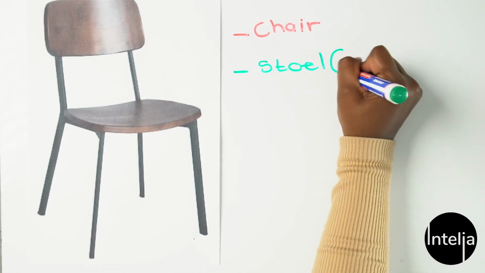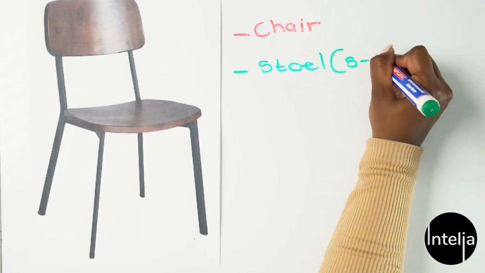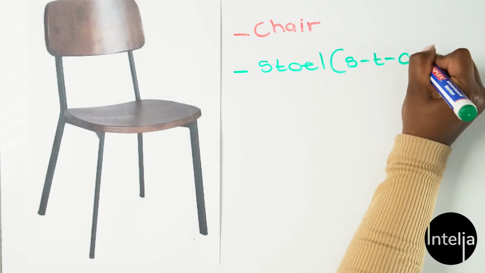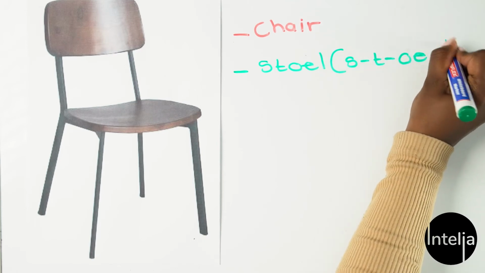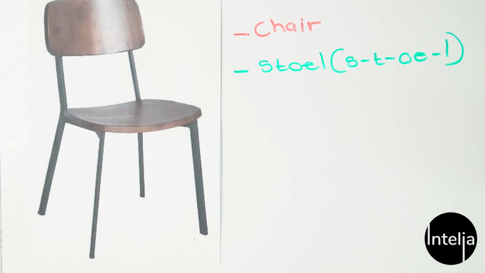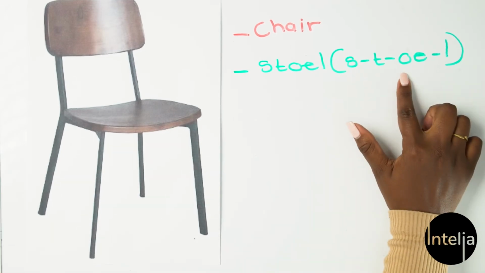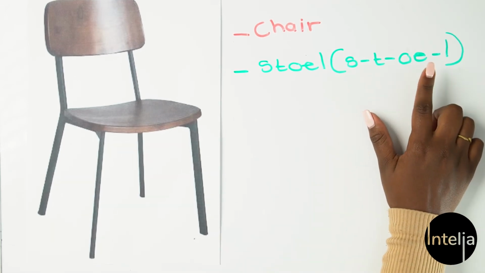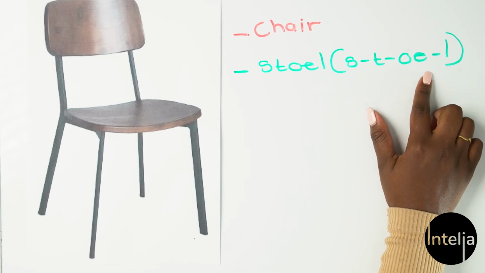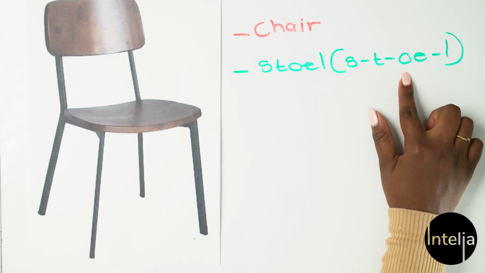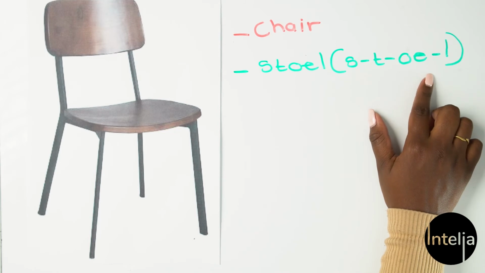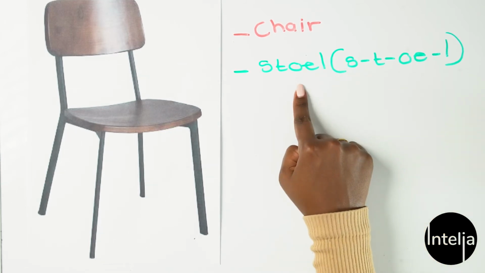And if we break it up, once again, we have our O and our E together because E is E and O is O. So if we had to break it up, it would sound differently to stoel.